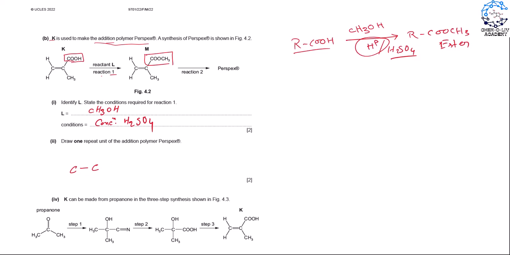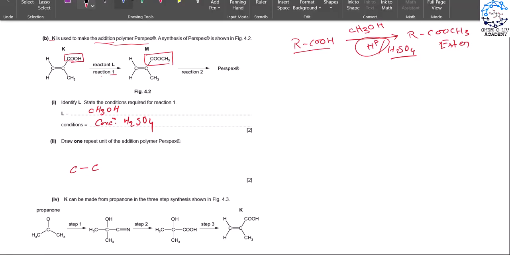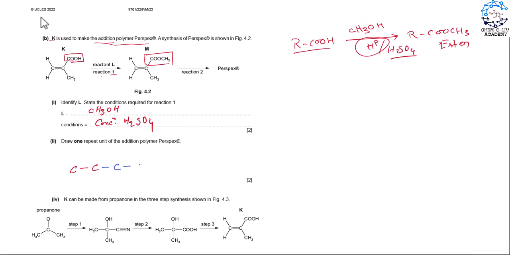I'll show you with a different color pen, so that it will be easy for you to understand. Let's take another unit. I just remove the double bond and join the two, and the rest of the groups, whatever XYZ is there, you just put as they are in their positions. Then your polymer will be done.